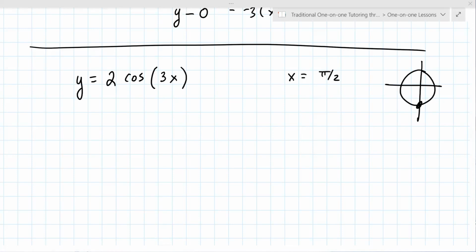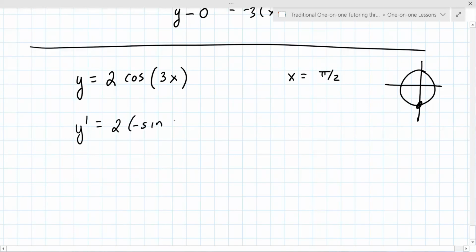But then that's also negative. And then 0. Okay, so y1 equals then 0.